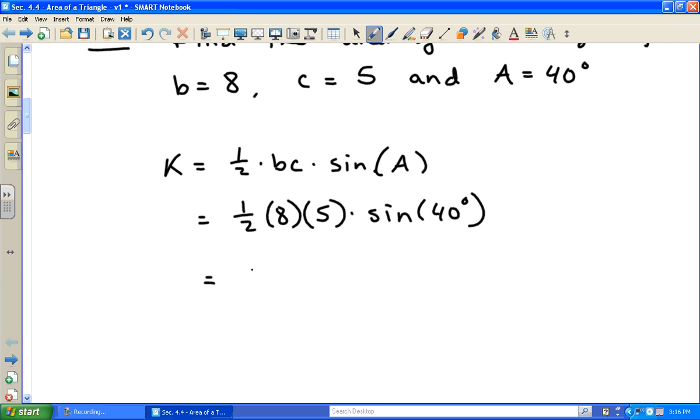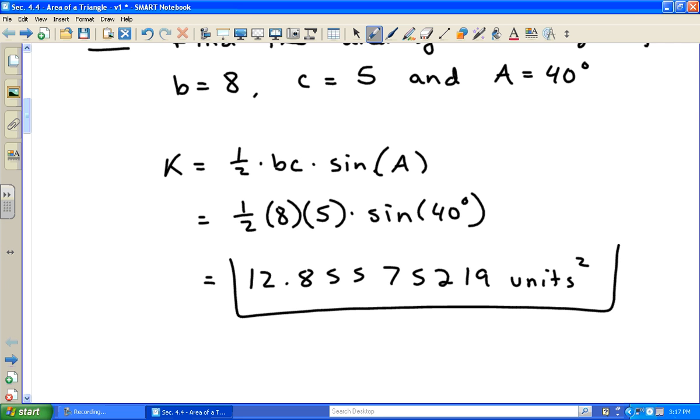In this case, you're going to get 12.85575219. And we weren't given any units here. If we were given inches, we know that area should be square. So I'll just say here units squared so that we know we're dealing with an area. Okay, so this formula is very, very straightforward. You want to use these kinds of formulas when you're given two sides and the angle that's not opposite one of those sides.